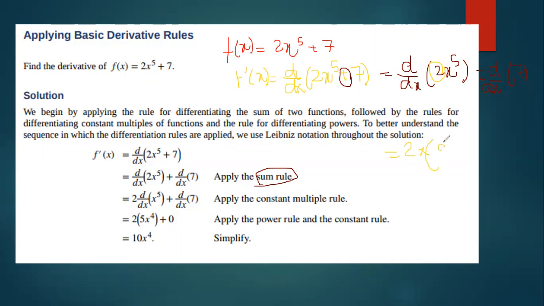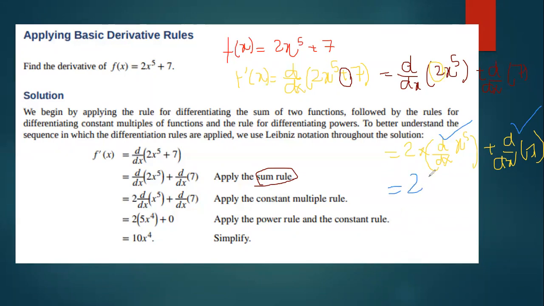We have to write it before the derivative. So it will be x^5, plus d/dx of 7. Now applying two basic rules here. For this term we have to apply the constant rule, which equals 0, and here we have to apply the power rule.